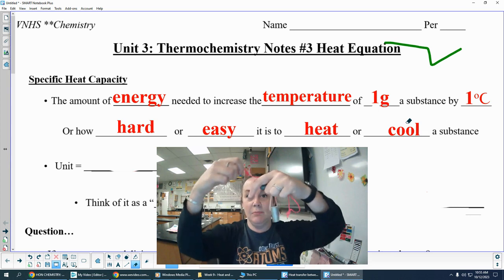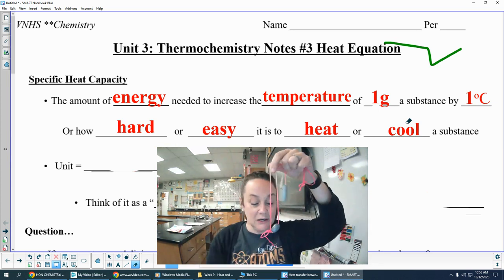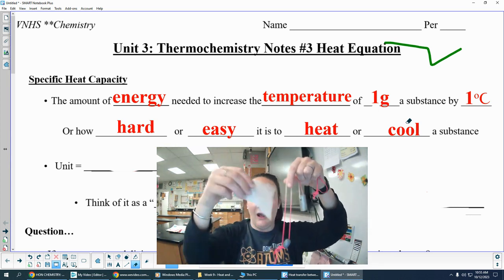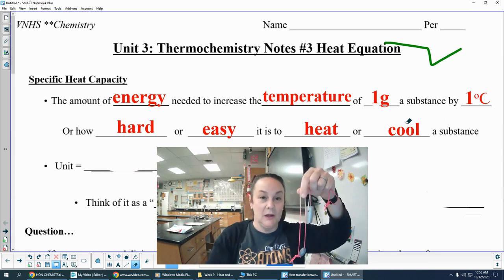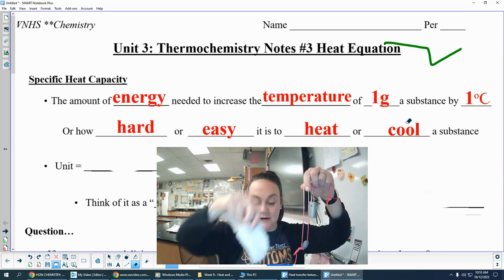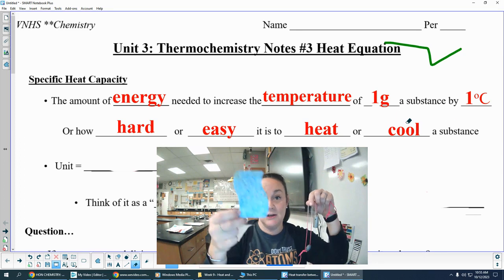So I like to compare these to cleaning materials. I have a paper towel, a little bit of a terry cloth towel, and a sponge.